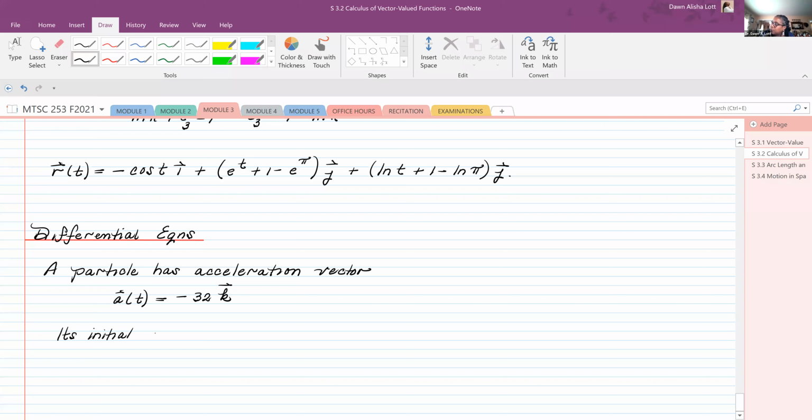These are its initial conditions: its initial position R of 0 is equal to 100k, and V of 0 is equal to 8i plus 8j. Find the position vector.